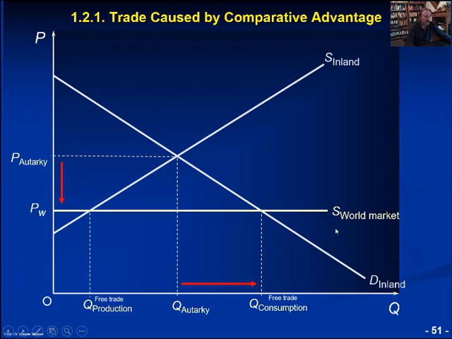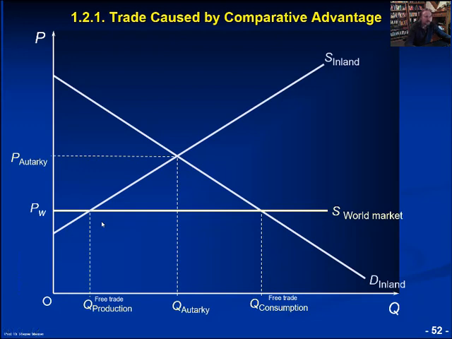As a result, producers will have no other choice as to accept the lower world market price. Therefore, they will reduce their production quantity to a level where their marginal costs equal the world market price. This production level is given by the intersection between the world market price and the supply curve here.